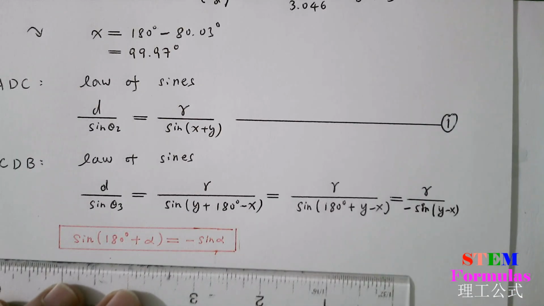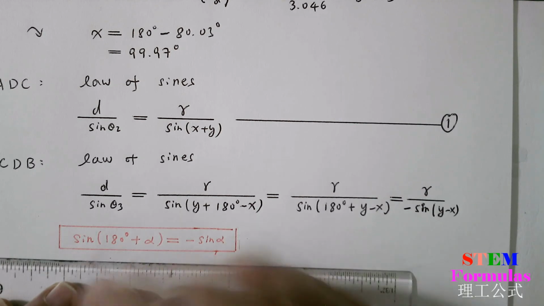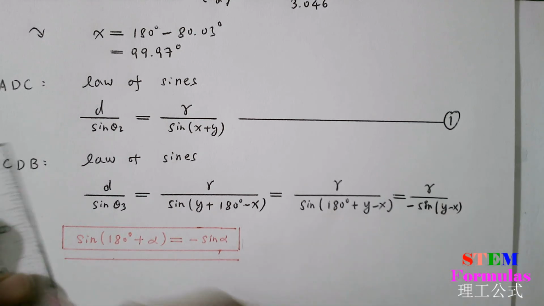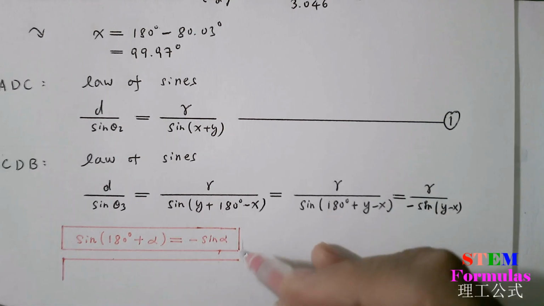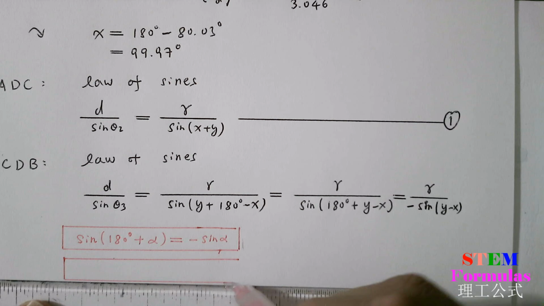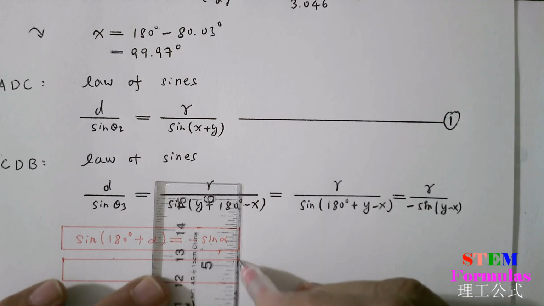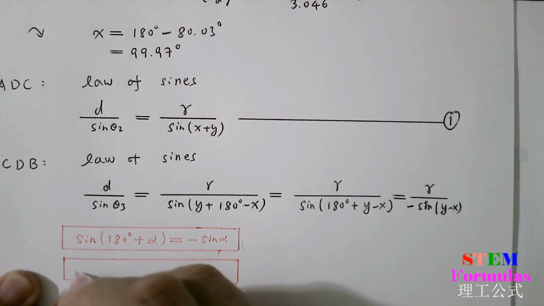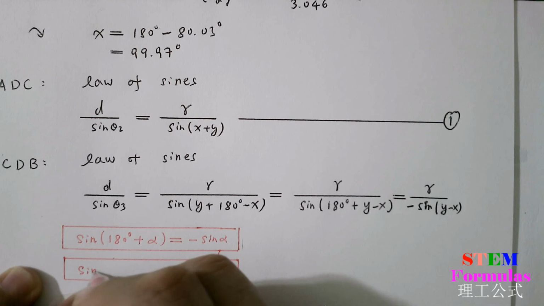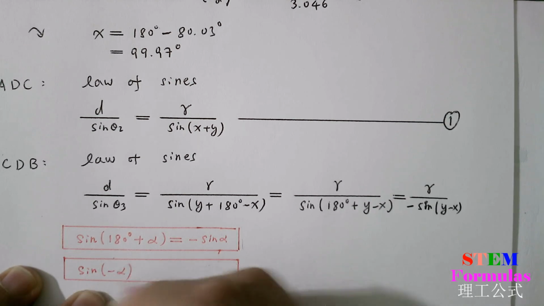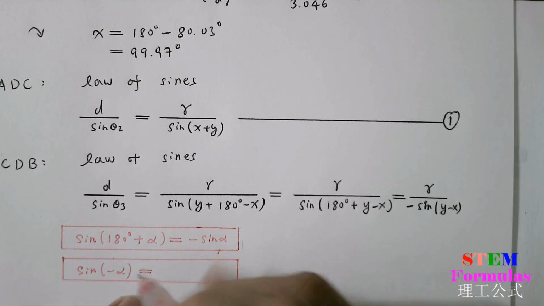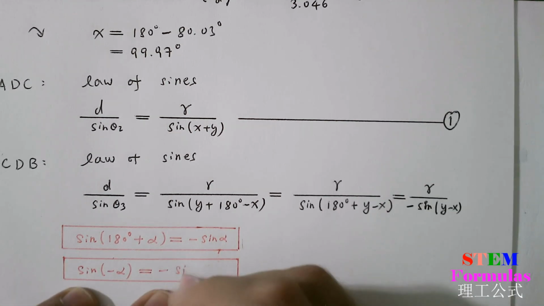Next step, I use another trigonometry identity: sine of minus alpha equal minus sine alpha.